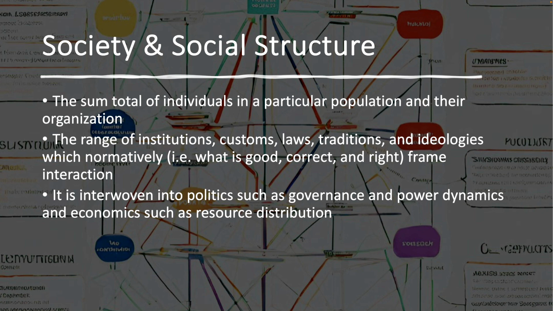Social structure can include a range of institutions, customs, laws, traditions, and ideologies, which normatively, that is, in terms of what is socially understood to be good, correct, and right, frame those interactions across the individuals of the population. Of course, it's interwoven into politics, such as governance and power dynamics. It's woven into things like economics and resource distribution.